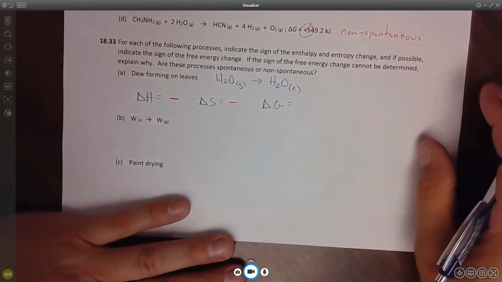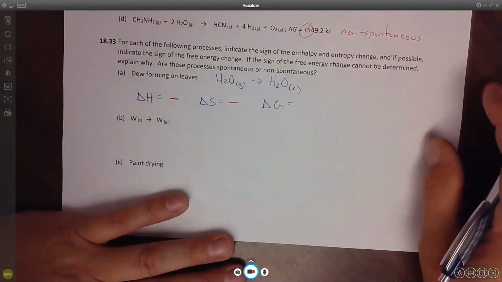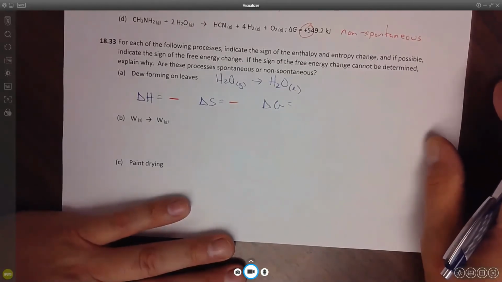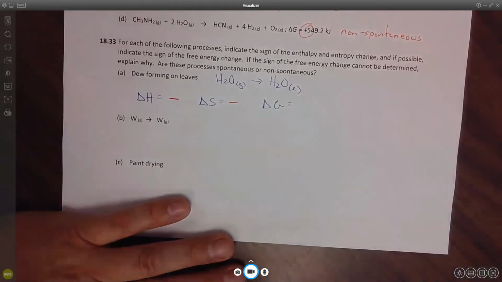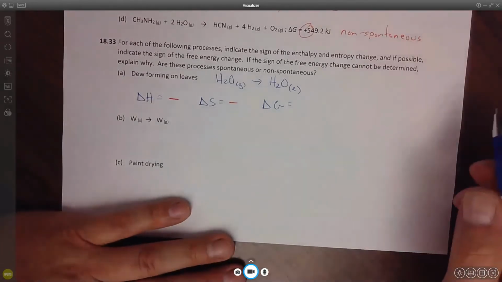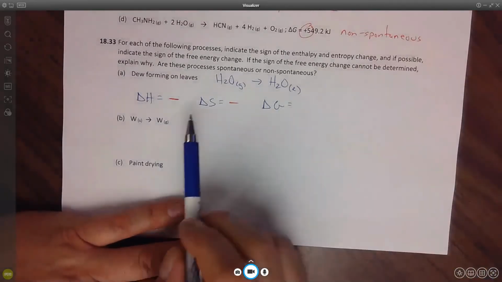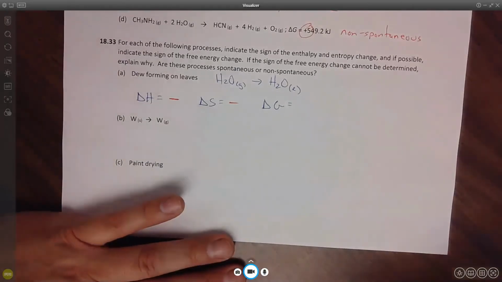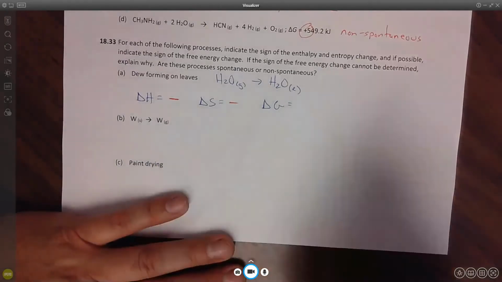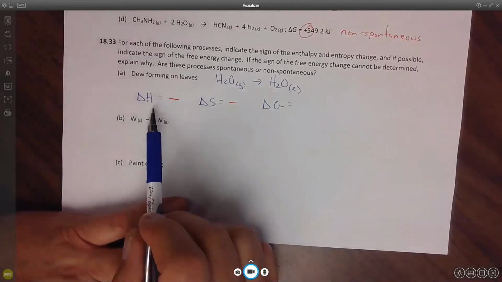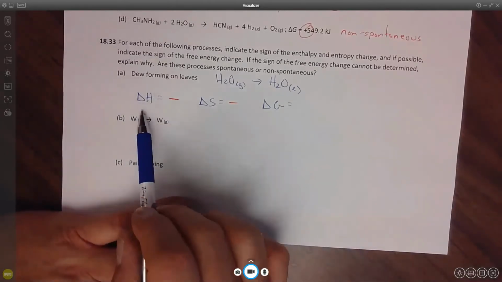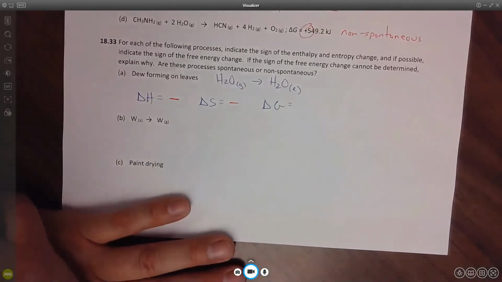I think it's spontaneous if they're both negative, at a low temperature, but not at a high temperature. Is that what you're asking? Yes, that is the final answer that I want, but what is the relationship between these variables? How do we relate variables to one another?